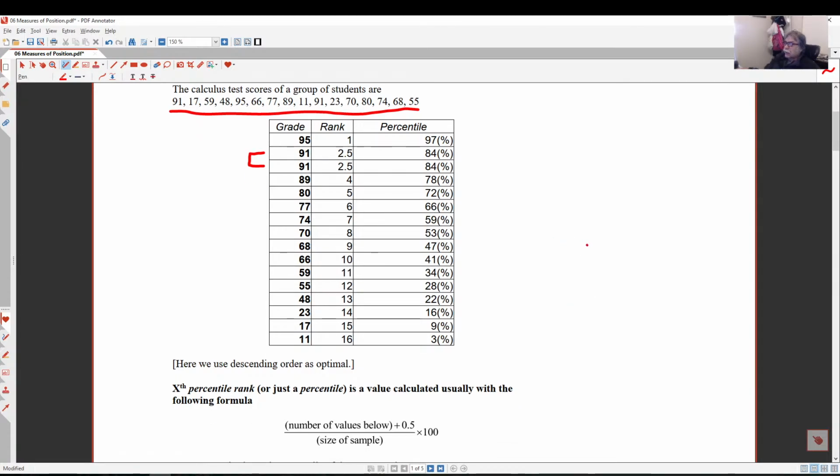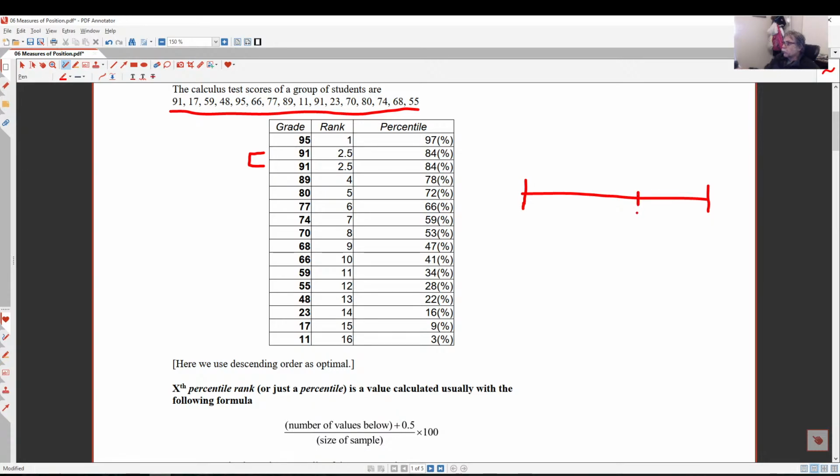Percentile is calculated slightly differently. The idea of percentile is that it would divide the sample itself in terms of frequency, not in terms of a range, but in terms of frequency, into 2 parts.